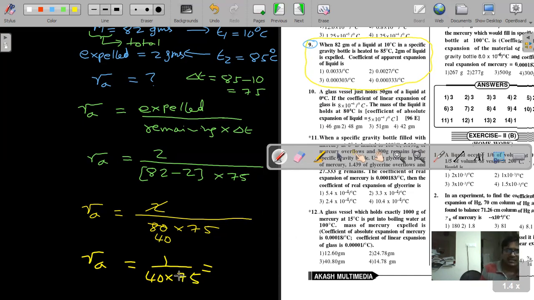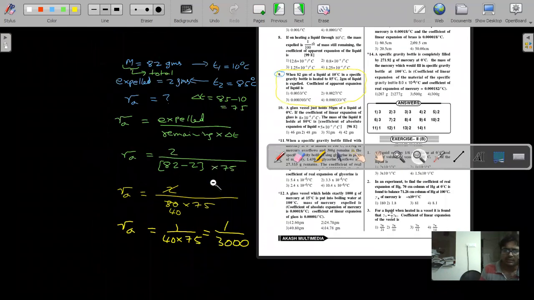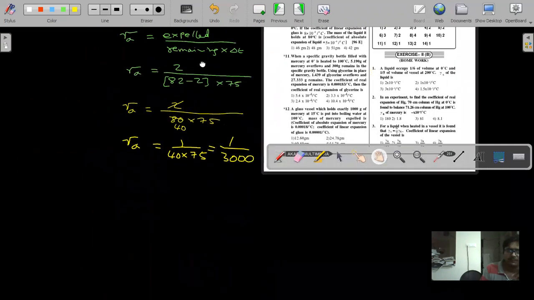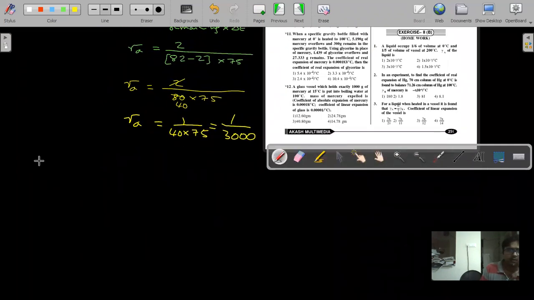I can write 75 into 4 as 300. So 75 into 4 means 300, and one more 0 is there, so 1 by 3000. So 1 by 3000 means, generally what is the 1 by 3 value? Can anybody help me? 0.33, sir. 0.3333. Excellent. 1 by 3.